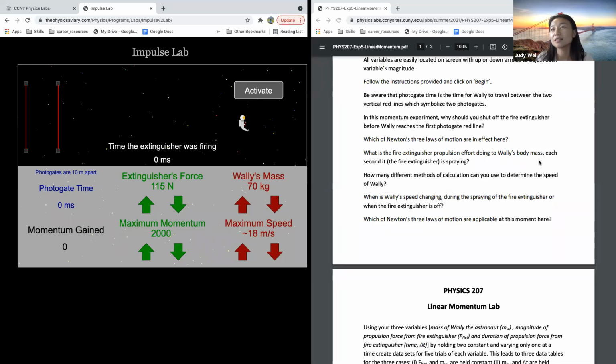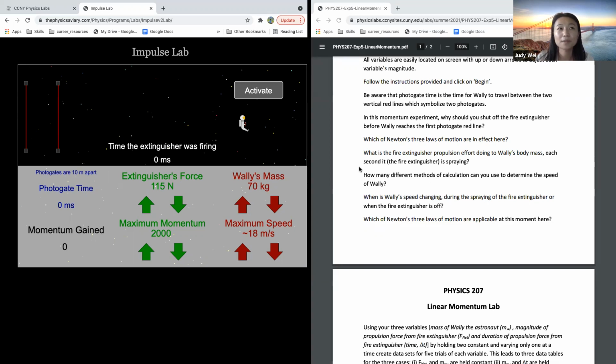So it doesn't change anything to Wally's body mass, but it helps Wally to move, right?